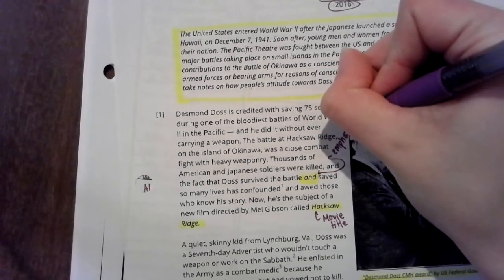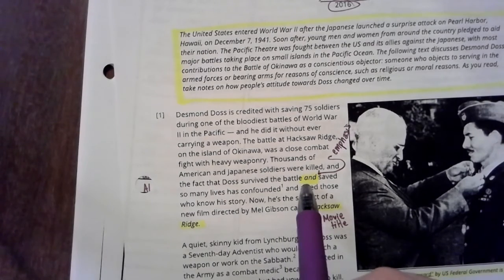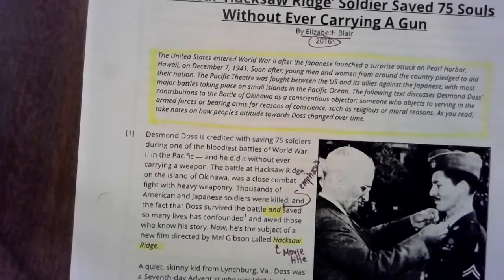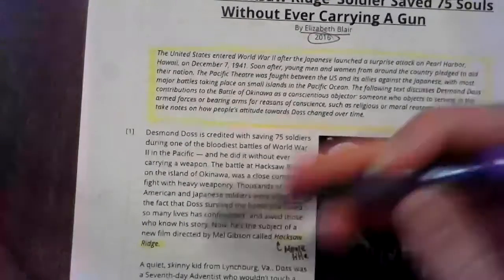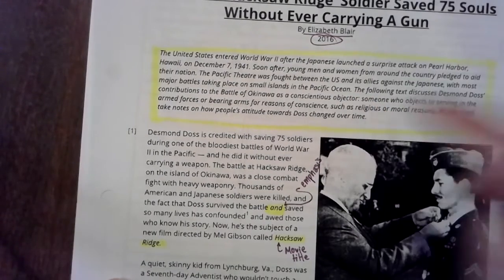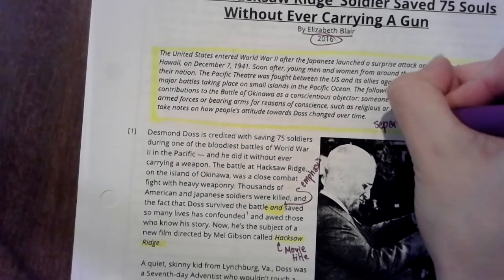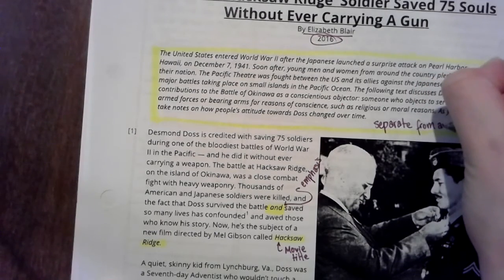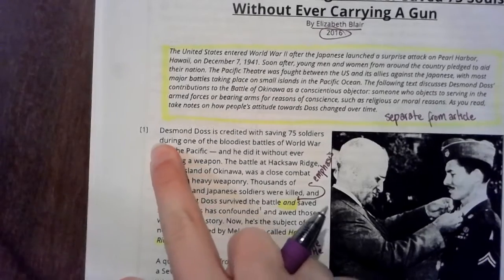It's emphasizing that it's not just he survived, he did save people too. So when we look at these different versions of italics, we have three different ways the author is using them. There's the movie title, the emphasis, and then this one is to separate it from the article. Because you don't want them to think that this introduction is part of the article. It's not. The article starts where it has that number one for the paragraph.